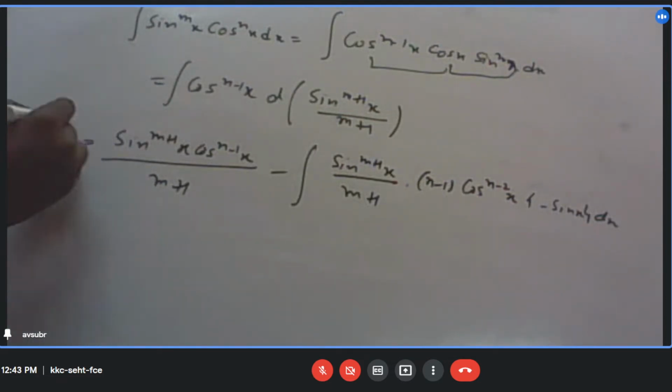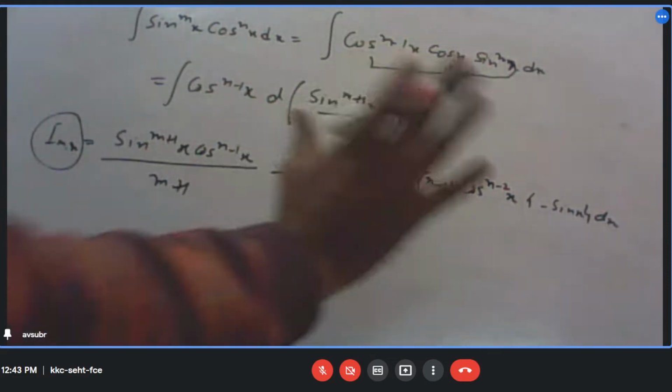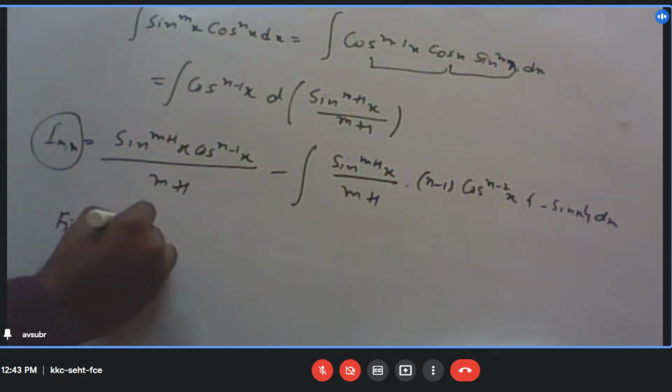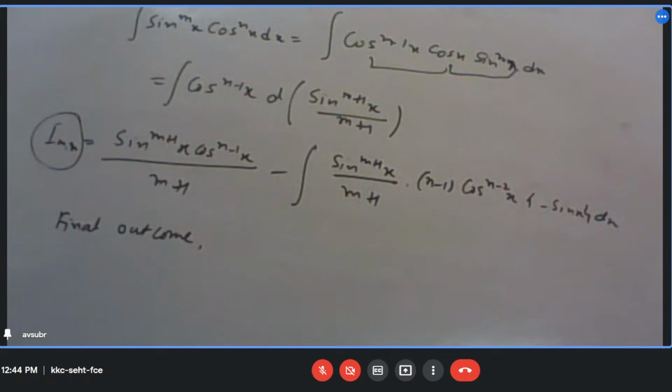Once again, we will find out a form where we can arrive at this I m n form on this side, so that we will bring it on this side, and so on and so forth. So the final outcome will be, I am writing down the final outcome. And what is that final outcome?